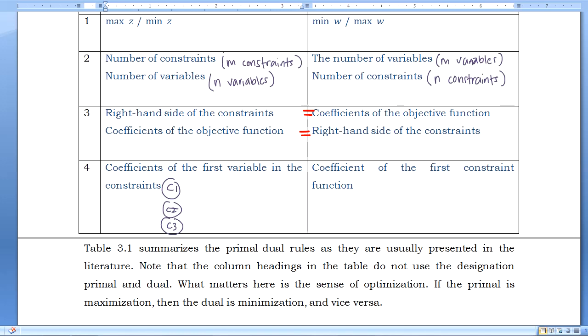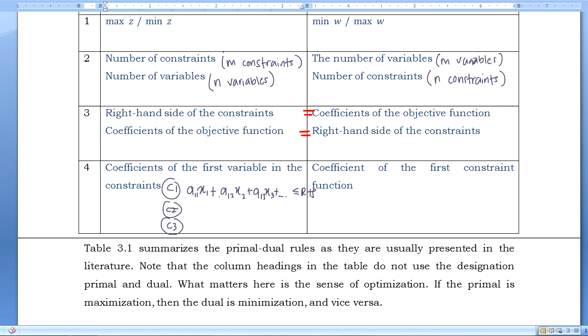The coefficient of the first variable, x1, in the first constraint is a11, plus a12 times x2 plus a13 x3 and so on, less than or equal to right hand side, for example.